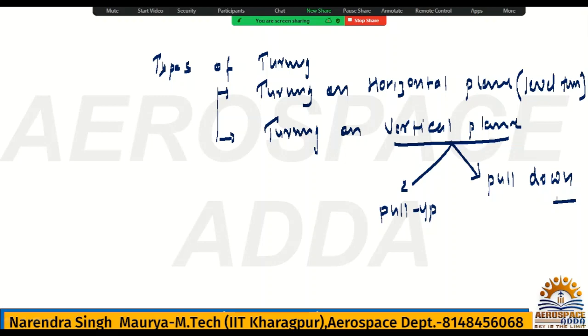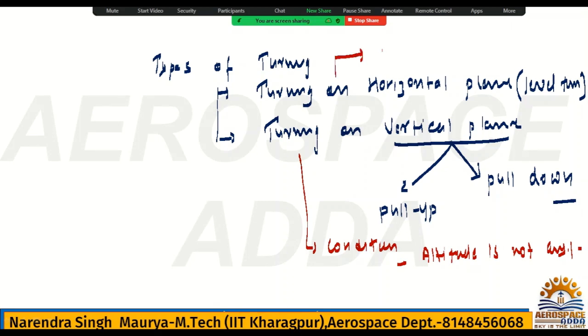Now what is the condition for this? Definitely, if it is on vertical plane, the condition is that altitude is not constant. And what is the condition for this one?